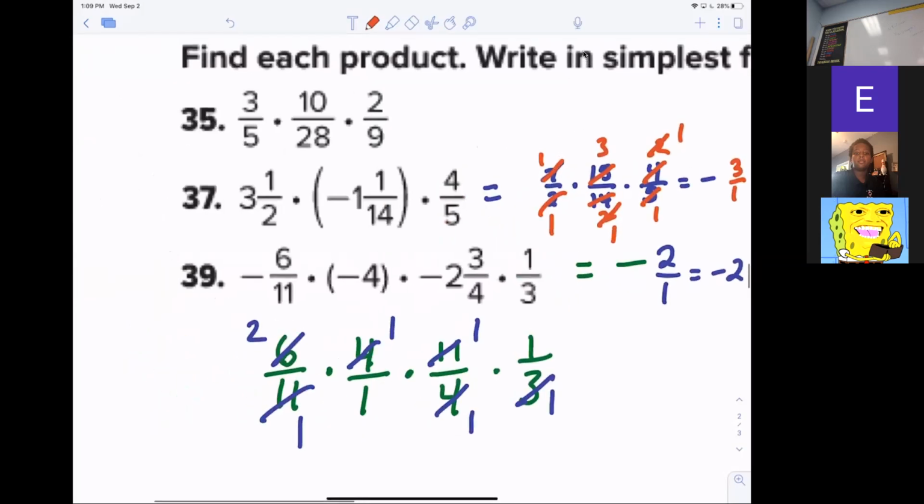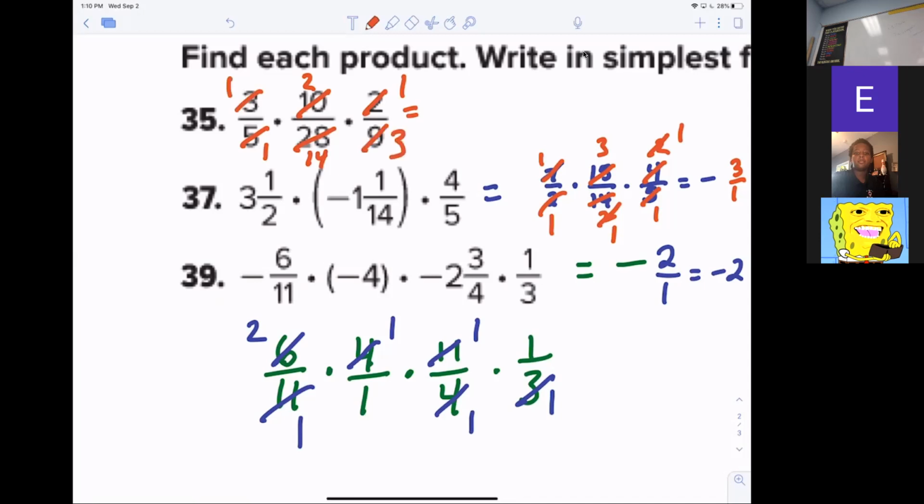Okay, who did I say was on 35? All right, go. So it would be a positive. I crossed out negative. Well, I crossed out 10, and then made that a 2, and 5, which made it a 1. Good. What else? And then 28 would become a 14. And then the 2 becomes a 1. And the 3 would become a 1. And the 9 will become a 3.